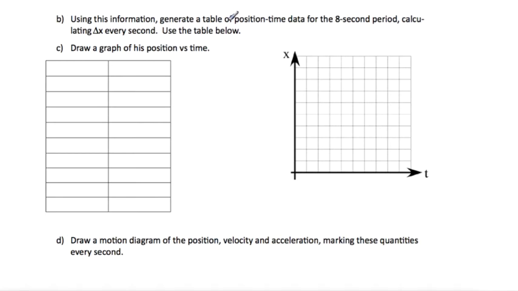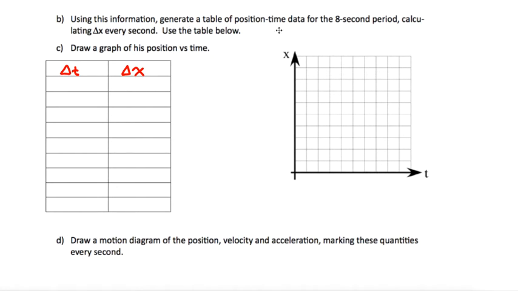Using this information, generate a table of position and time data for the 8-second period, calculating delta x every second. Use the table below. Alright, so what it wants us to do is for those 8 seconds that it moves, fill in this data table and graph. So what I'm going to do is make this data table a time and position table.